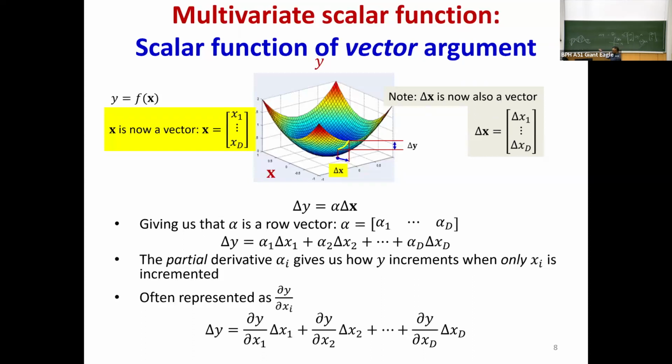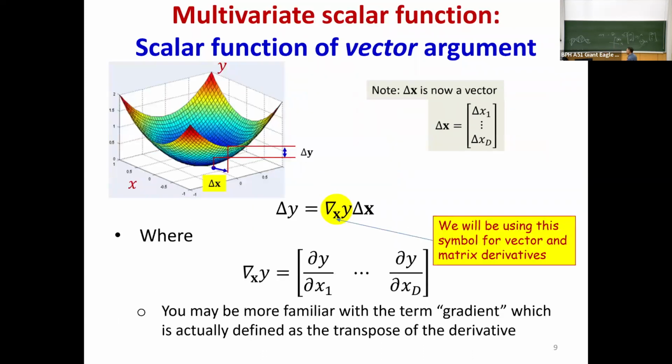And so each one of those alphas is going to be a partial derivative along one of the directions. Everybody clear? So now this entire vector alpha is therefore going to be a vector of partial derivatives with respect to each of the components.